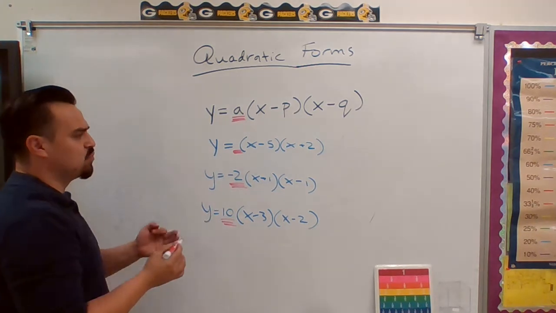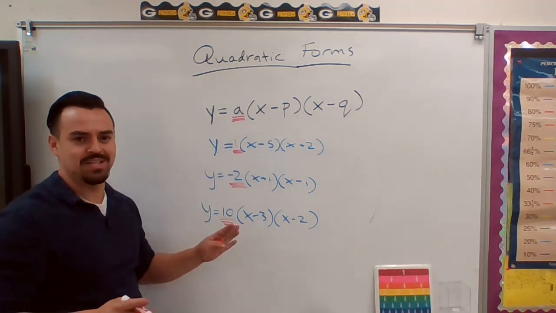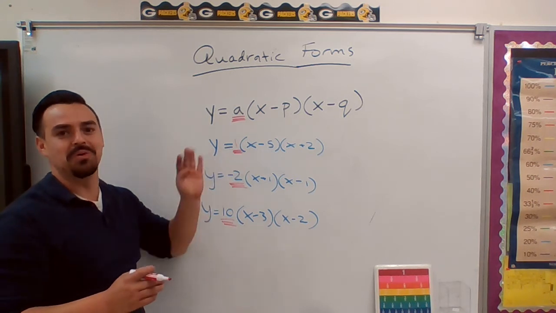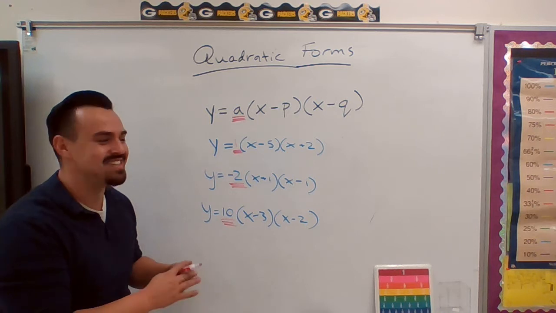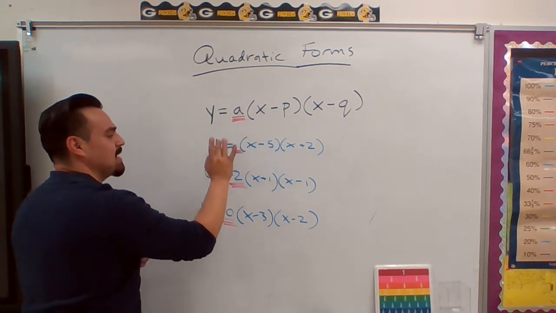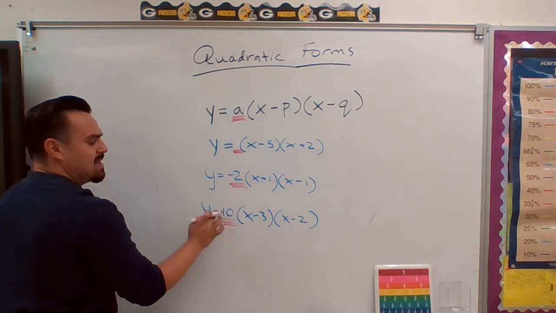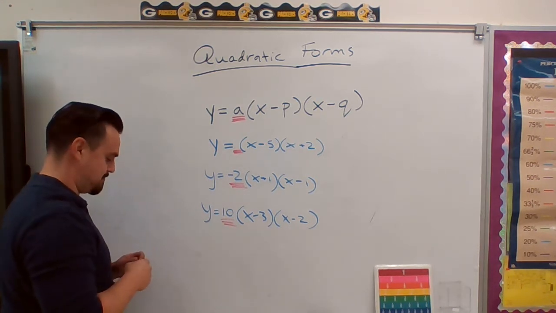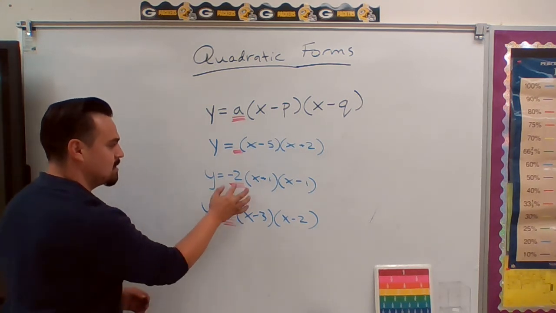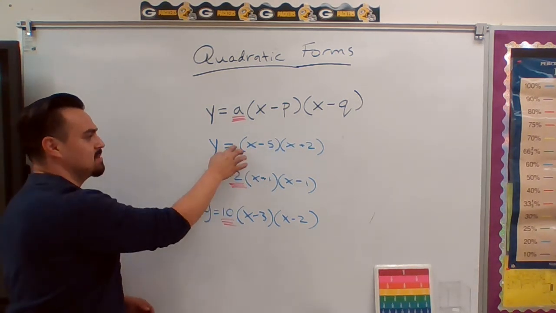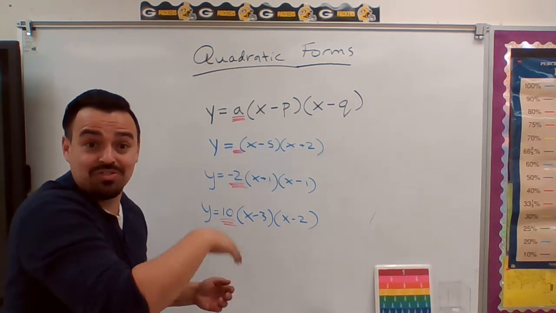Our a here is 1. You can't see it, it's an invisible 1, but mathematicians are lazy. It's implied that this is being multiplied by 1 because multiplying something by 1 doesn't change it. So a in this case is 1, a in this case is negative 2, and a in this case is 10. Positively sloped parabola, negatively sloped parabola, positively sloped parabola. You get information just from looking at the a.